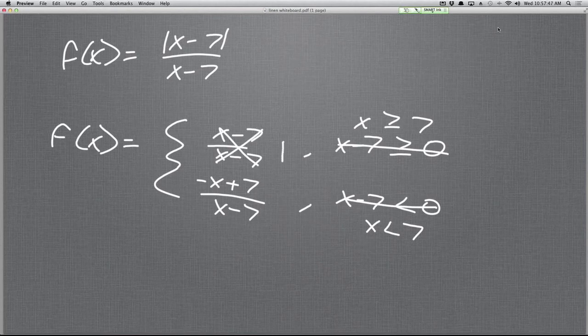And this one right here is negative 1. We've already determined that there is a discontinuity at 7. What is it that we haven't determined? Which type? Removable or non-removable?